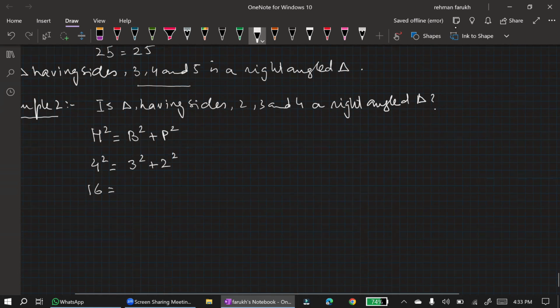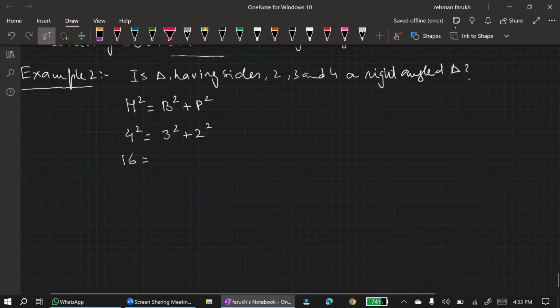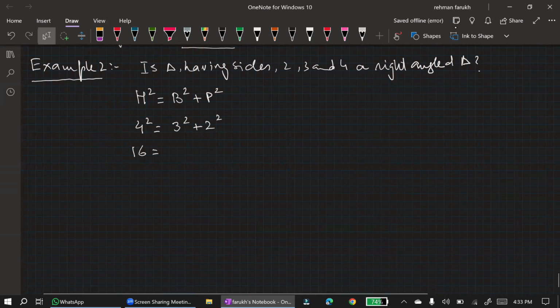When we are applying the Pythagoras theorem, there is no need to mention this. Anyone can be the base or the perpendicular, because the angle is not involved. If we consider the angle, then we decide about the base and the perpendicular.